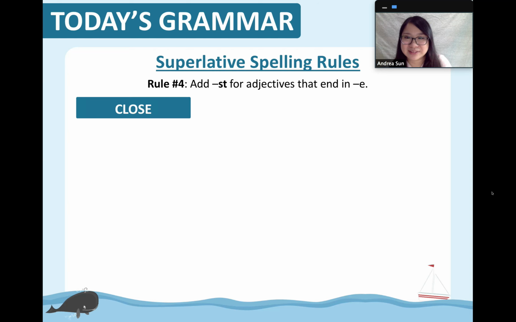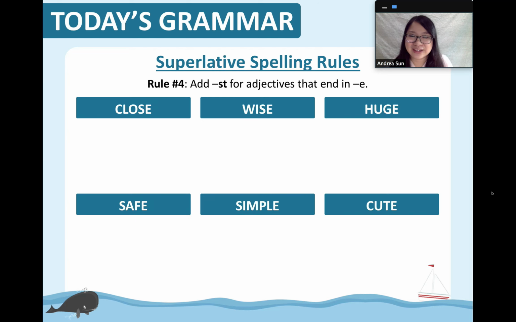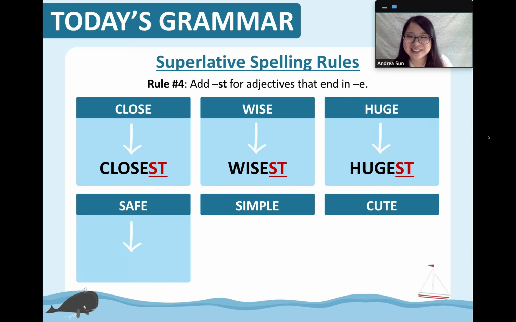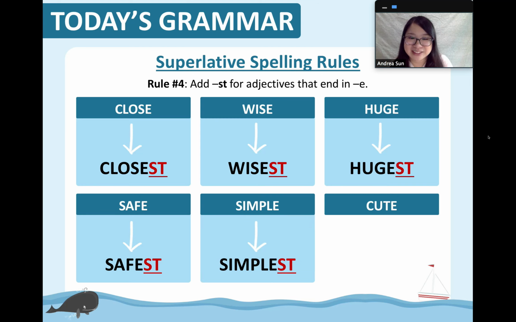Pretty simple. So, look at all these adjectives. They end with the letter E. We will just add ST. Close, closest. Wise, wisest. Huge, hugest. Safe, safest. Simple, simplest.